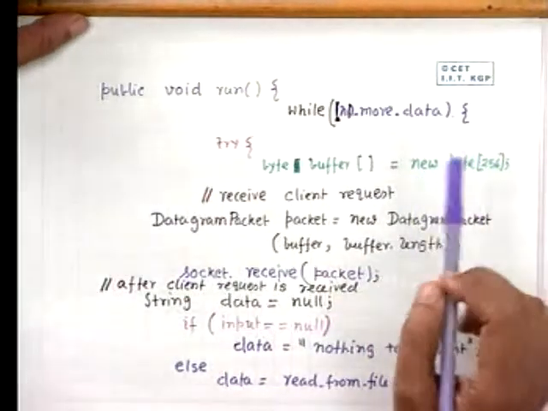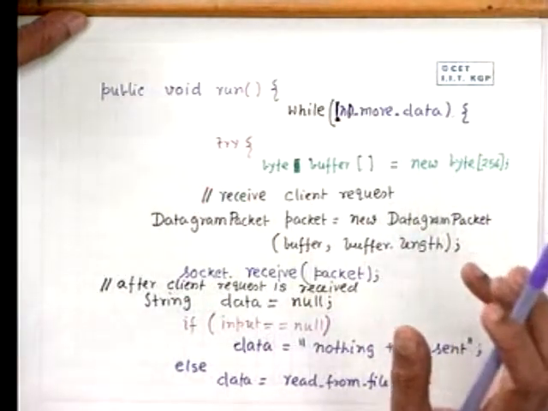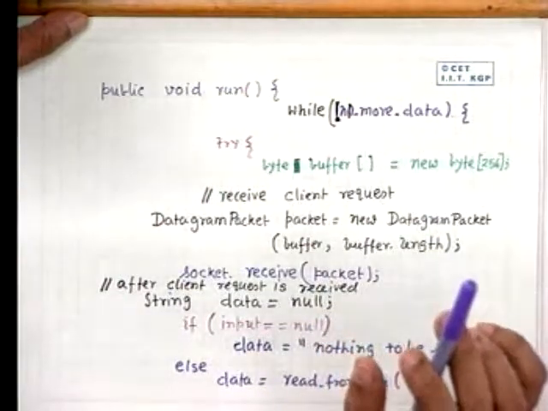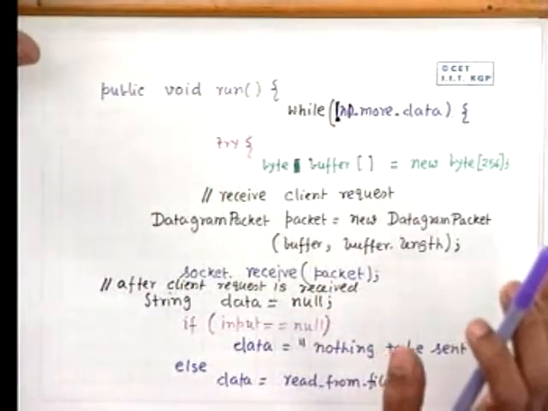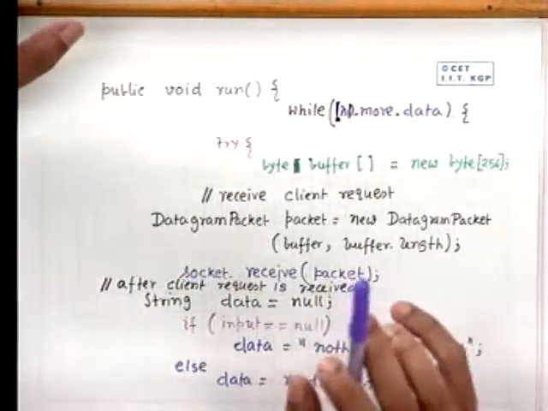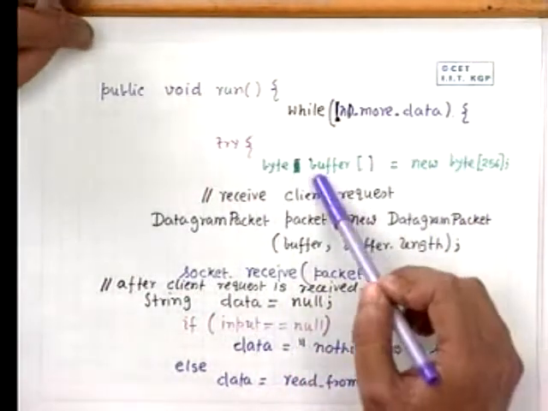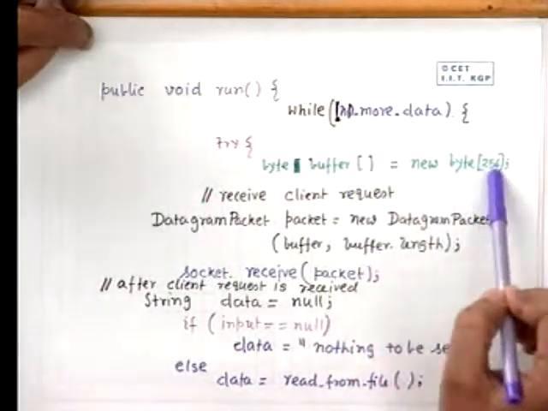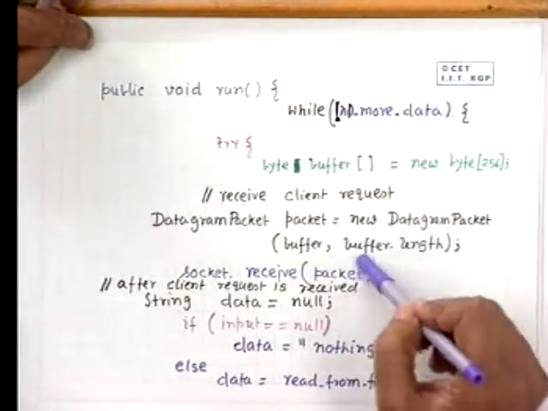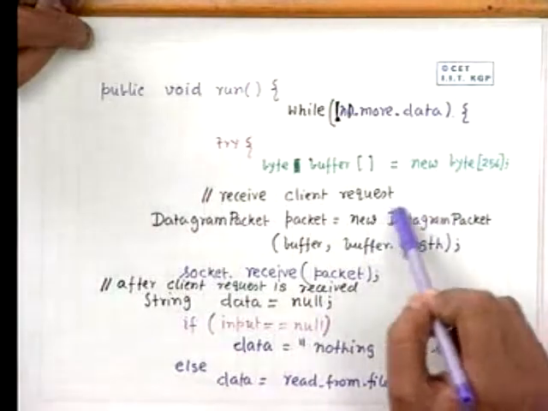then we will have to receive the request from the client. For that we must prepare a packet in which the request from the client will be received, and this will be received in a buffer of size say 256 bytes.